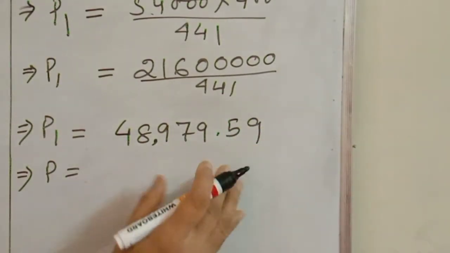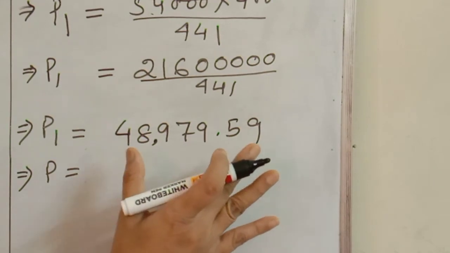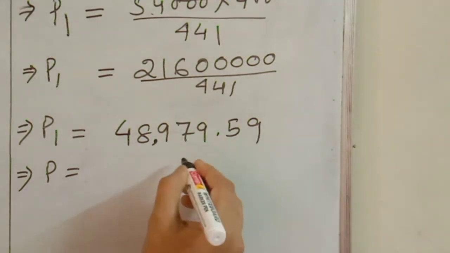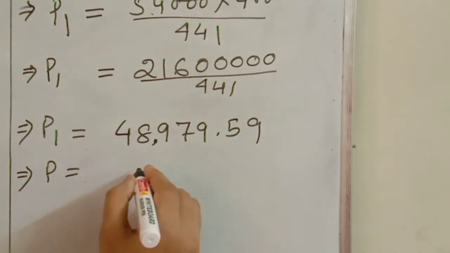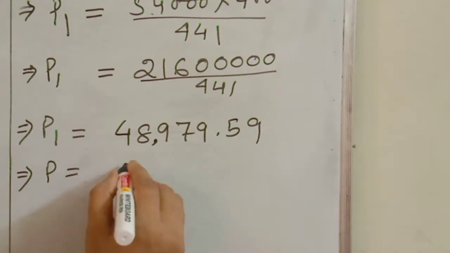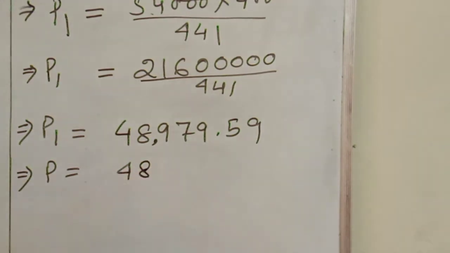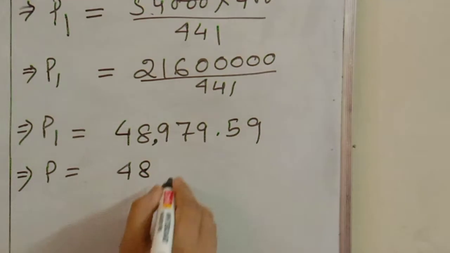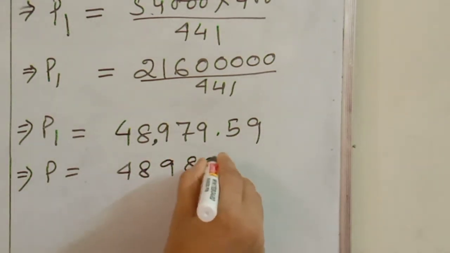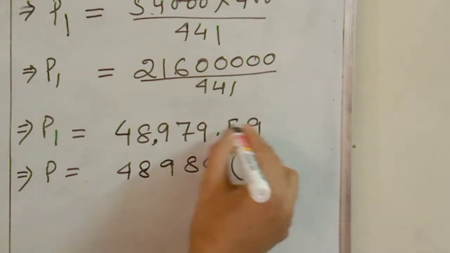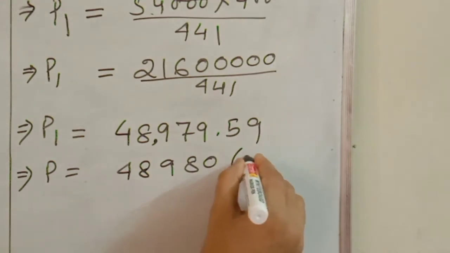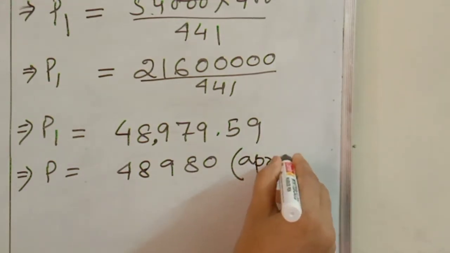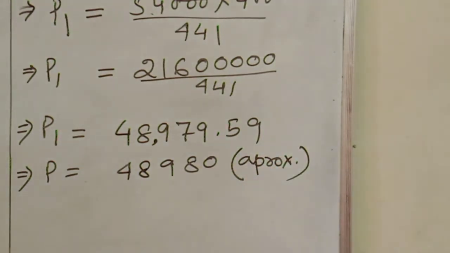Because it is a population, to avoid the fractional part you have to round off the number, so it will be 48,980. After rounding off, you have to write approximately. So what is the population? Find the population in 2001.